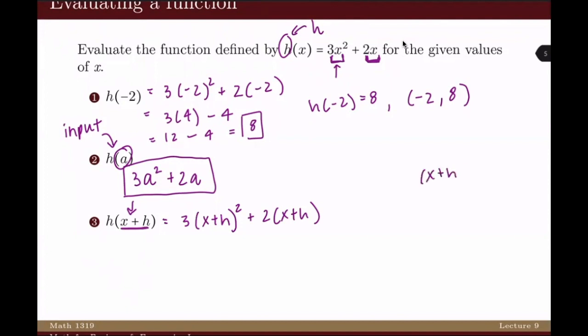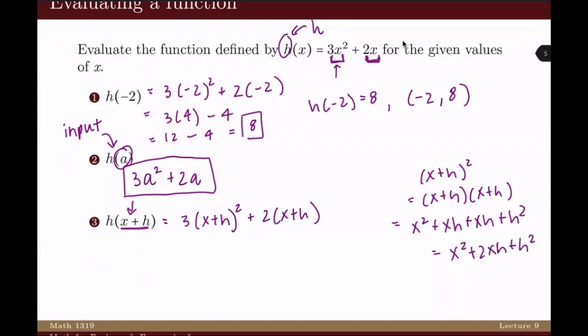So x plus h squared is equal to x plus h times x plus h, which is equal to x squared plus xh plus xh plus h squared, which is equal to x squared plus 2xh plus h squared.